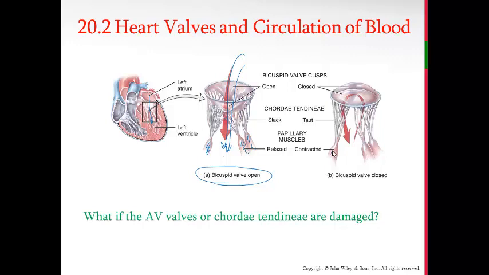Now, when your papillary muscles are contracted, they are tight, the strings are tightened up, and they close the valves. As a result, the blood is going to flow in one direction instead of regurgitating back. So one of the functions of the heart valves is to make sure blood flows in one direction instead of backtracking.